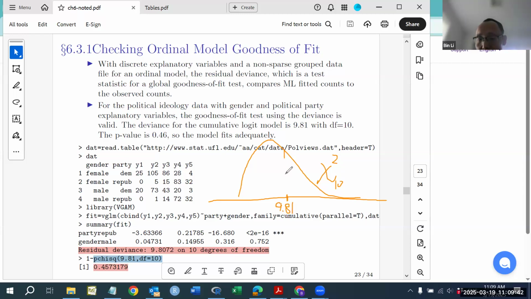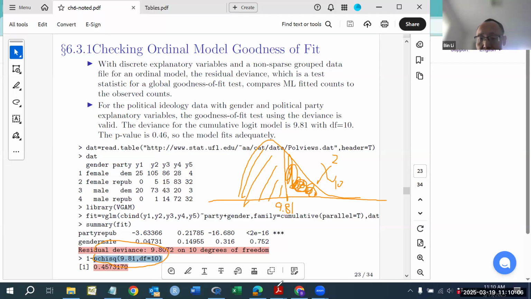If you use pchisq of 9.81 with 10 degrees of freedom, it gives you the area on the left side. So 1 minus that gives you the area on this side, and that is the p-value. So that's why I use 1 minus.